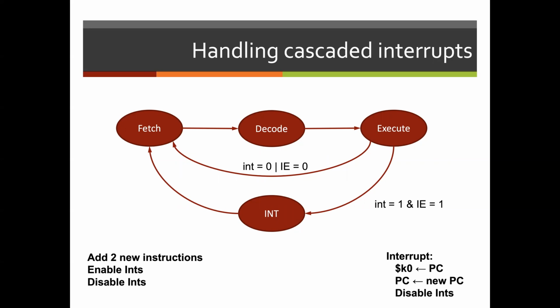If IE is set to 0 and int is set to 0, then we don't advance into the interrupt macro state. So this allows for hardware to implicitly turn off interrupts while we're in the int state, and this allows for the handler to be given control.